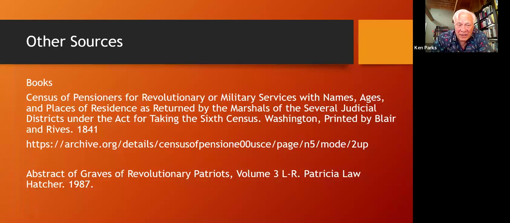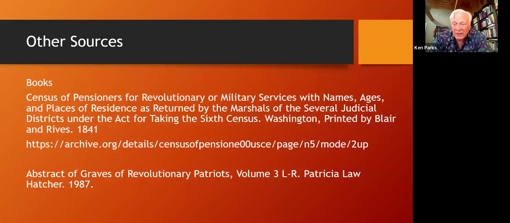Before we go back to this, I mentioned the abstract of graves. There's also a book, and I'm not sure if it's available online. Here's an archive.org address, but I don't know if it actually shows you the pages themselves, but I have a hard copy of it.